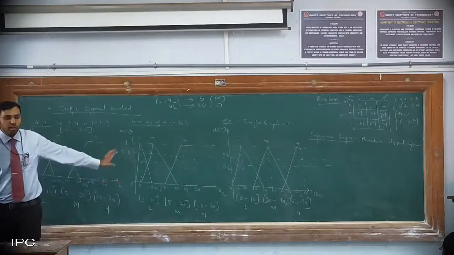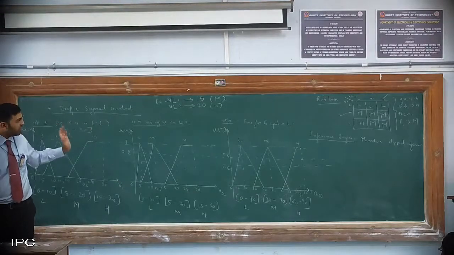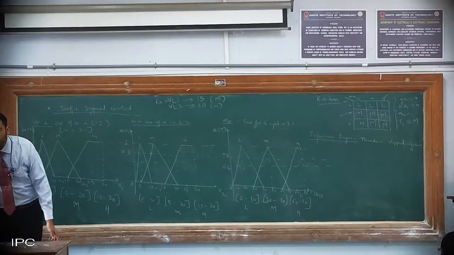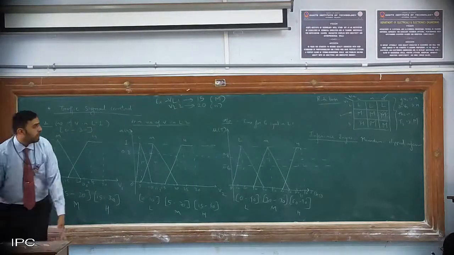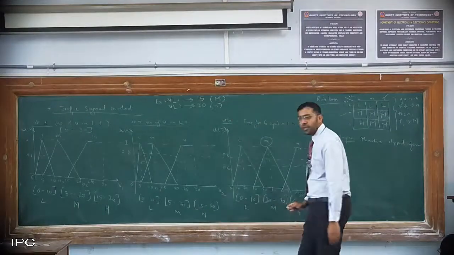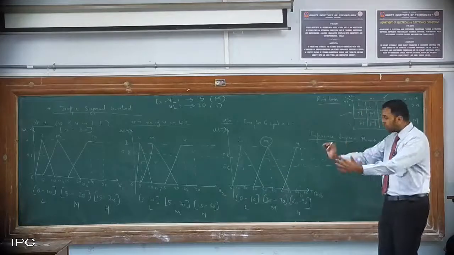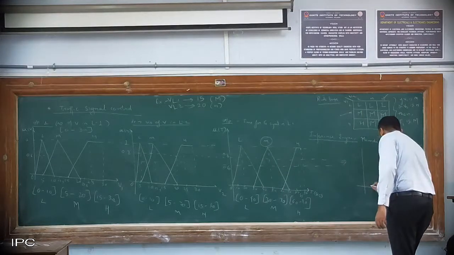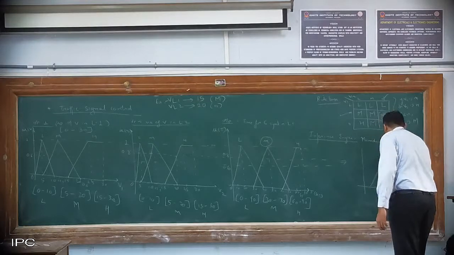Have you understood what we have done? Yes? Fine. Once we have projected it on the output domain, which output domain has been selected now? According to our rule, the selected output domain is medium. Clear? So just take out that part now. Our output domain is like this.